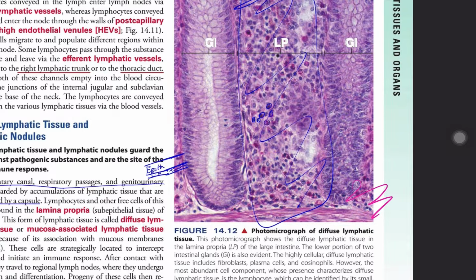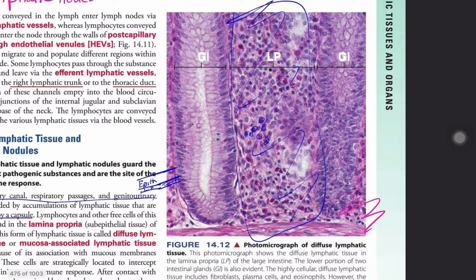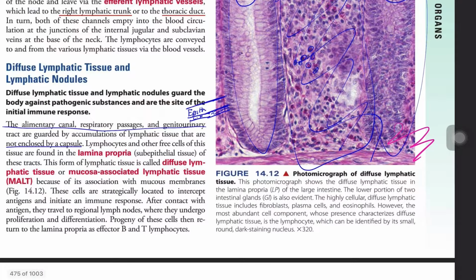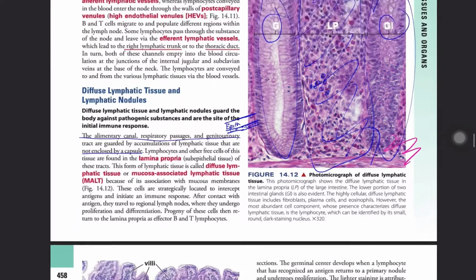We have some eosinophils, some plasma cells, and some fibroblasts. Here we have an intestinal gland, going this way in the intestines, and between them we have the lamina propria.